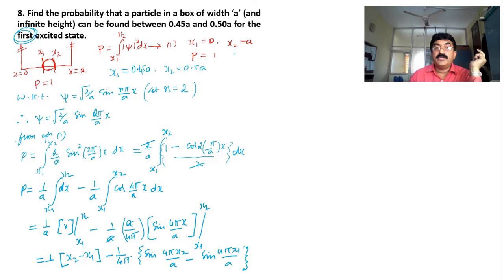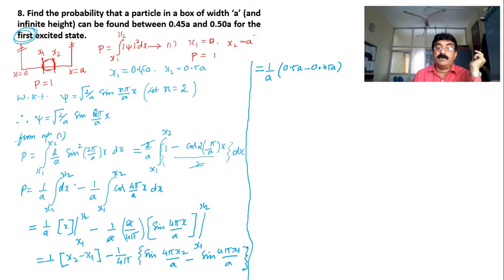So I continue here the remaining. That is equal to first one, 1 by a into x2 is 0.5a minus 0.45a.